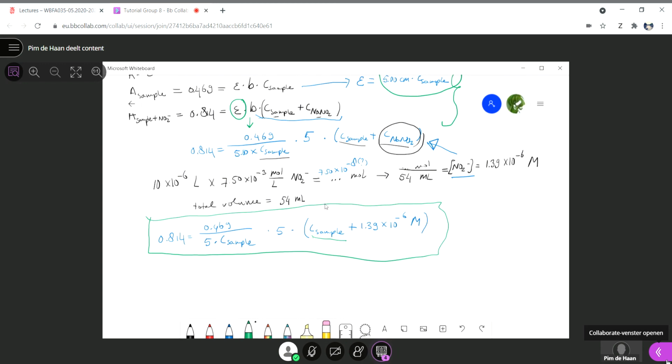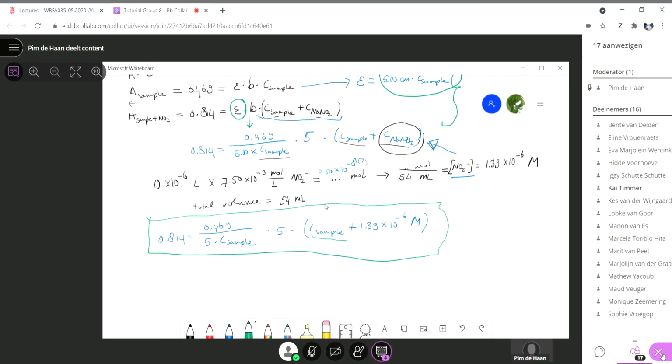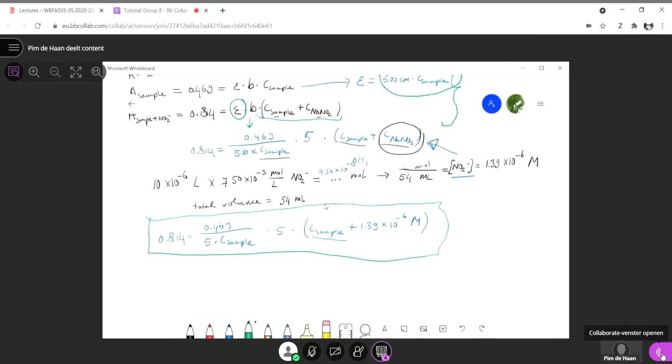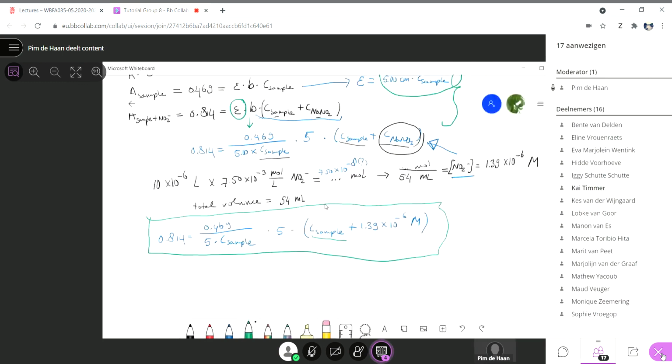Would you like me to show how to solve this, or I'm actually pretty sure that you can do the algebra here. Otherwise, I'm just going to give you the final answer. Let's say multiple steps.